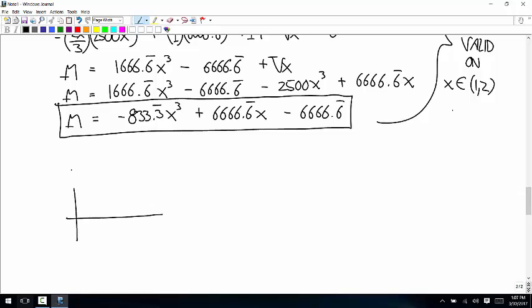Let's plot these. All right, so let's calculate these. Well, T is easy. That was just 0 the whole way. Shear force.